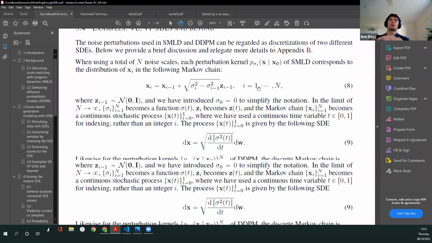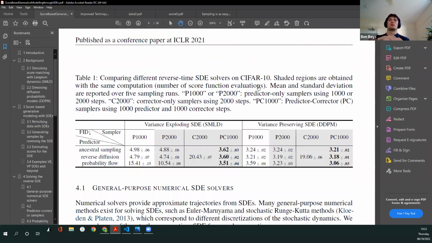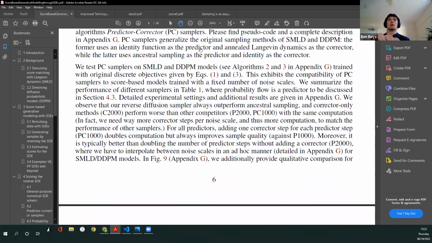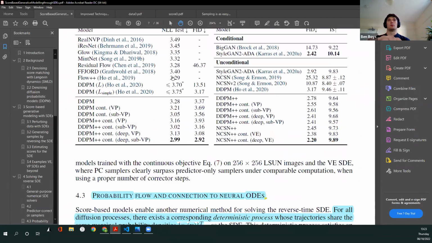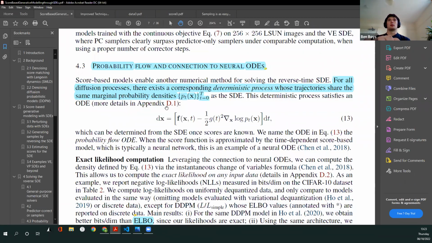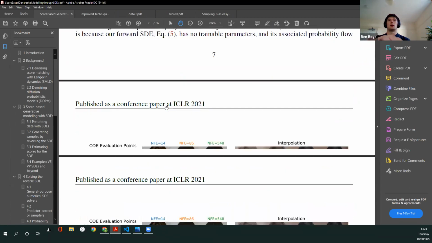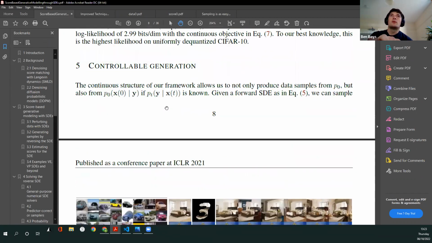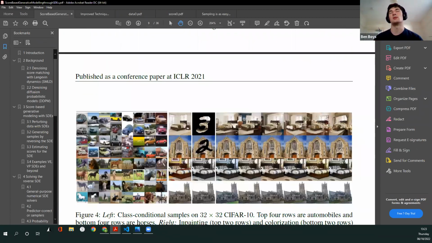So as well as the new methodology and the predictor-corrector samplers, I think there's a bit about the architecture. I haven't gone into controllable generation. I think this is actually the application, right?